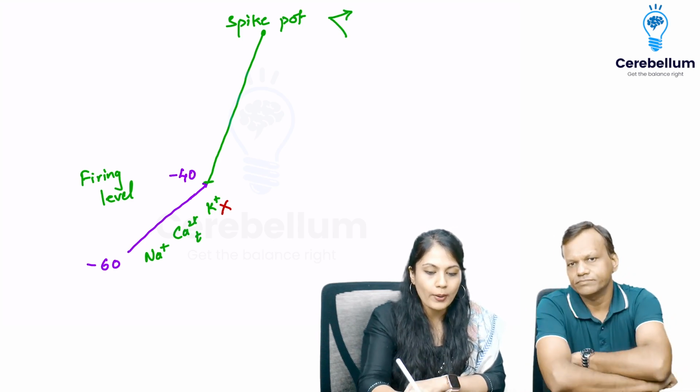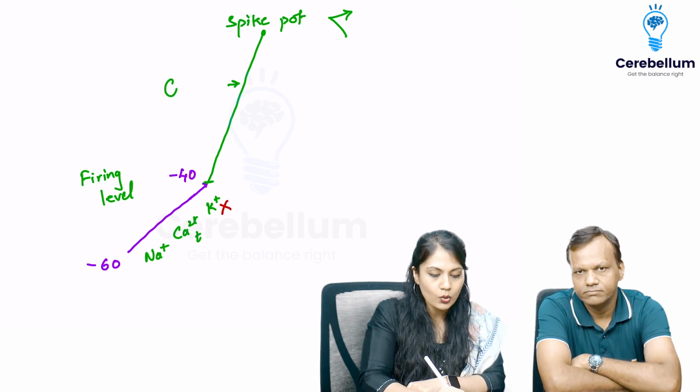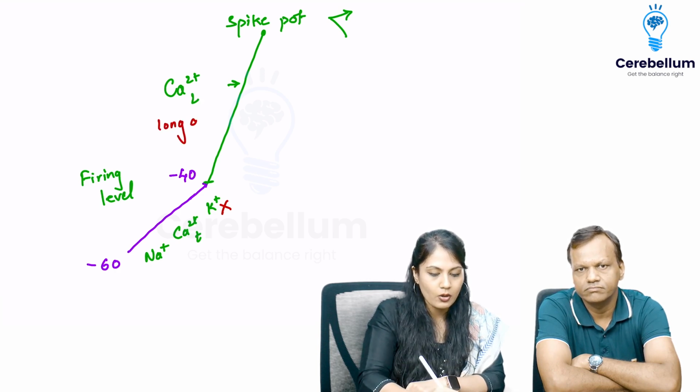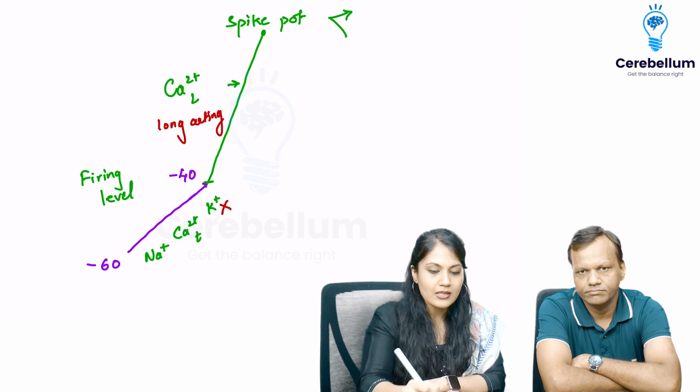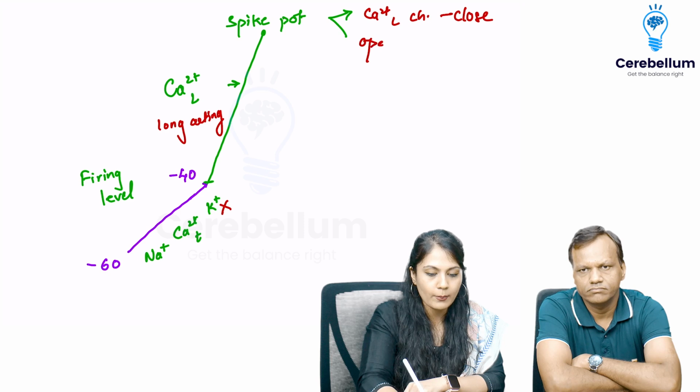Which channel is open during this depolarization? Remember, in the nodal tissue, it is going to be the calcium L channel. L means long acting channel over here. So this long acting channel will be closed. Whatever channel is open, close that channel and open potassium.